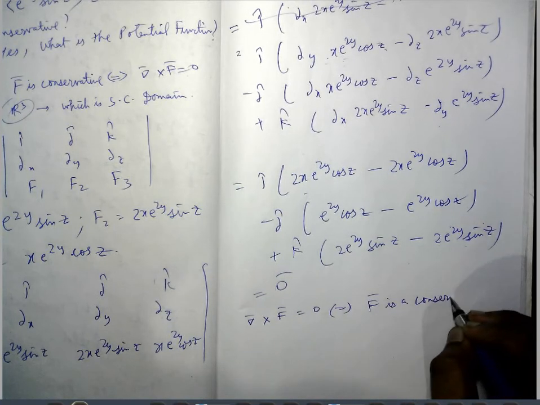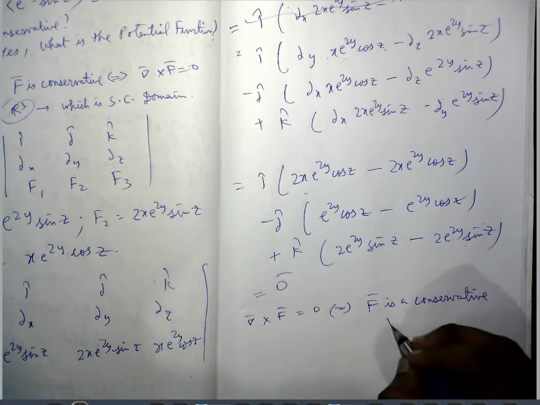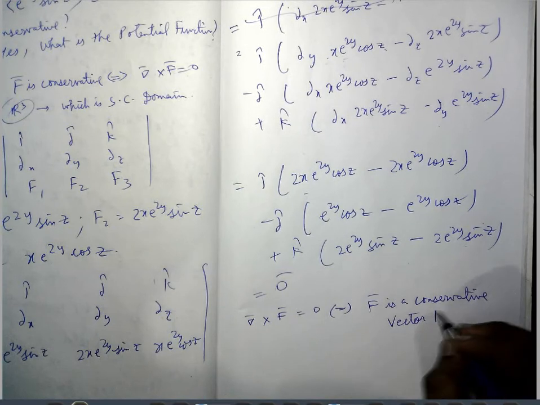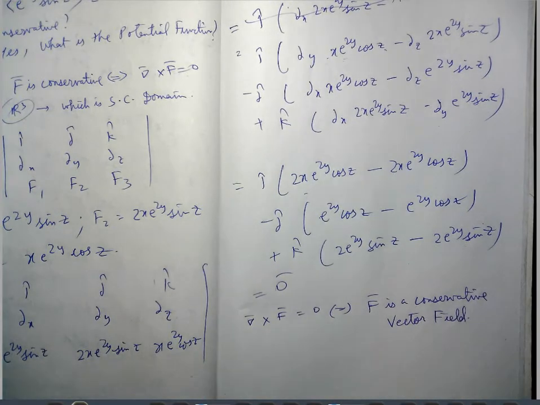Now we want to find out what is the potential function for f. So we'll note down f again. F is equal to e to the power 2y sin z, 2x e to the power 2y sin z, x e to the power 2y cos z.